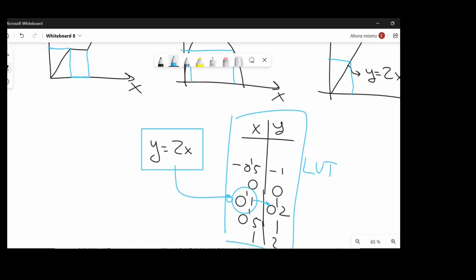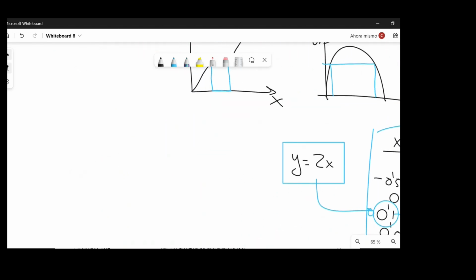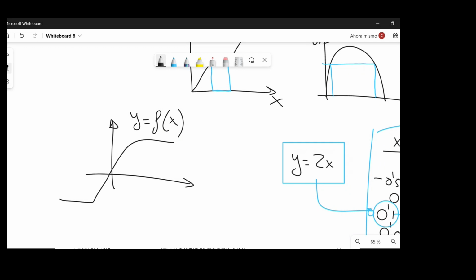This is general in mathematics. Okay, so let's say that you have a function, whatever, y is equal to f of x. Let's say it has the same shape as this one.